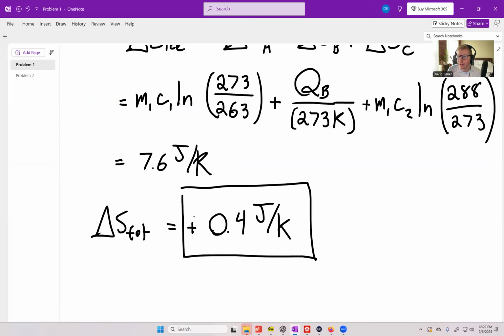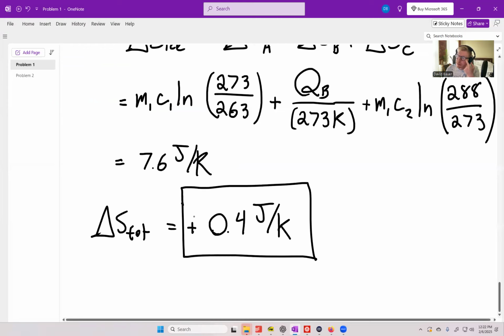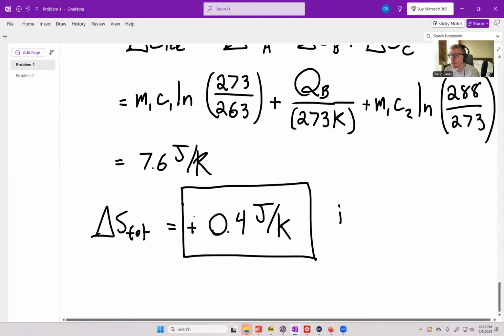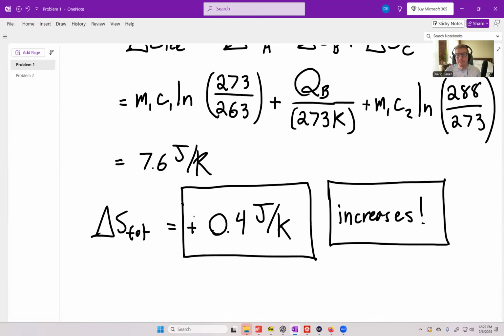And that's our answer. The specific number that you get is going to depend on how you round the temperature, but we did get that it's positive. So since delta S is positive, we find that the entropy increases as we expected from part B.